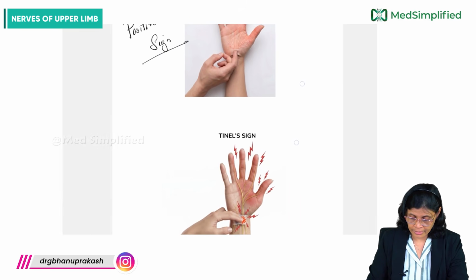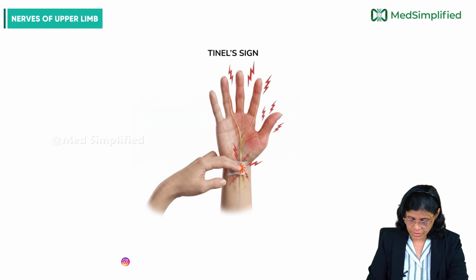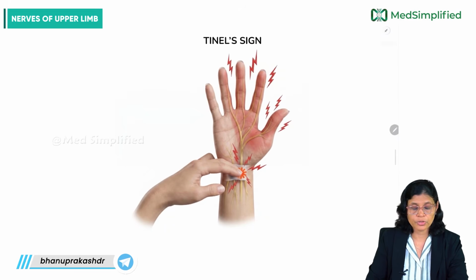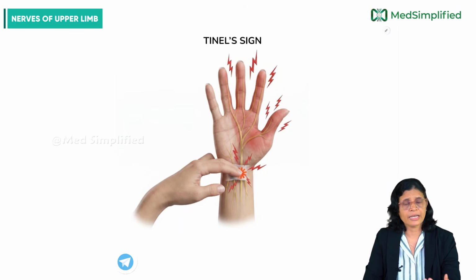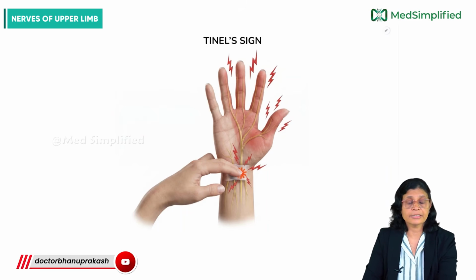Compression will cause that burning sensation as well as pain and pins and needles along the distribution of the median nerve. So that is the Tinel sign. Usually all these things can be relieved. The moment we release the compression, when we decompress the tunnel, these symptoms are very dramatically reduced.